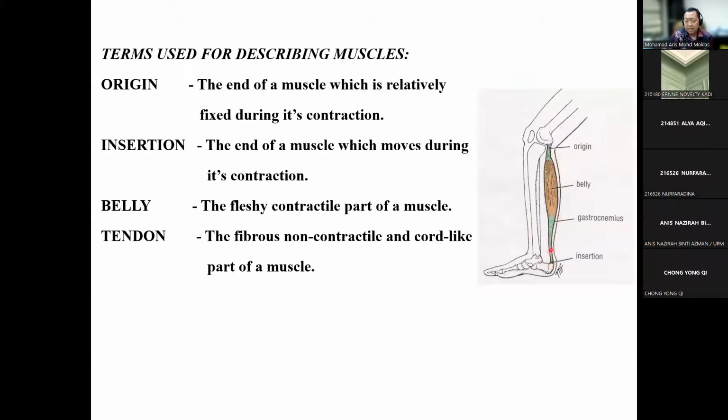Example here, the gastrocnemius muscle. If this muscle contracts, it causes plantar flexion. When it contracts, it becomes plantar flexion. Right?